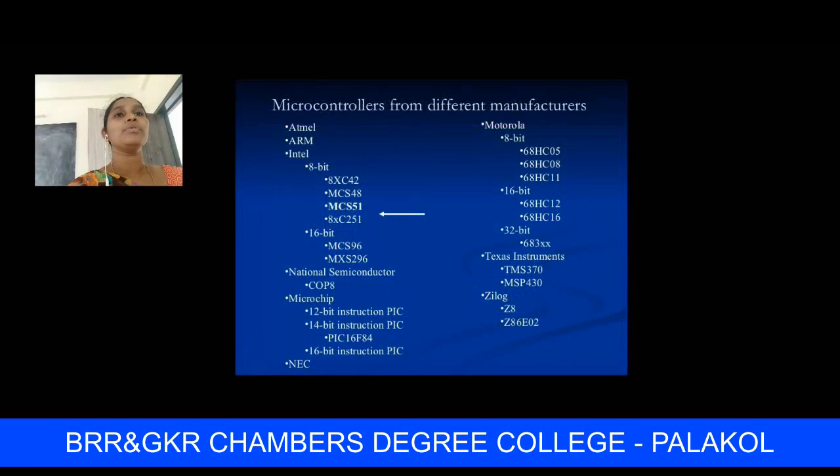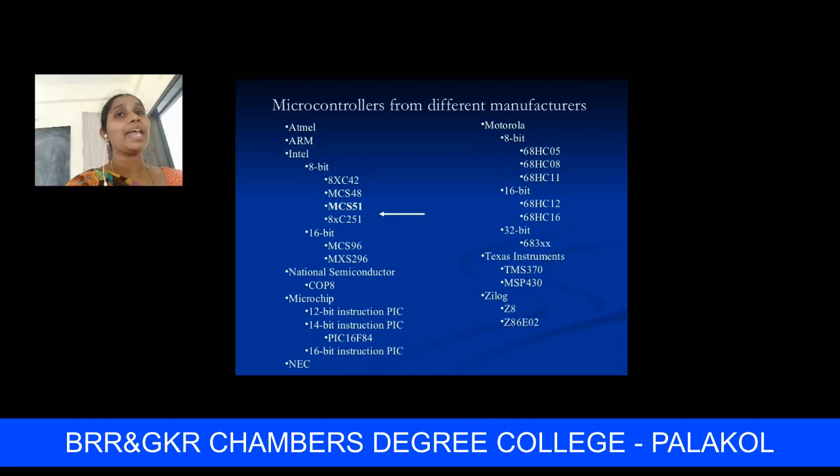Okay, now we will move to who the different manufacturers are for developing or building microcontrollers. Here, Atmel, ARM and Intel. These are the companies that developed microcontroller ICs. Okay, so 8-bit microcontrollers are 8XC42, MCS 48, MCS 51.